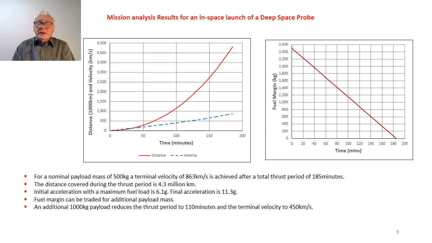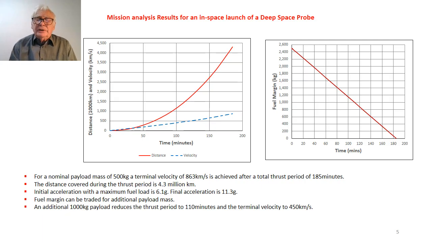The second characteristic which we see in the slide at the right hand side is a plot showing the fuel margin as it's used up during the thrust period. This is particularly useful because it means you can start to trade off your fuel margin for additional payload mass.